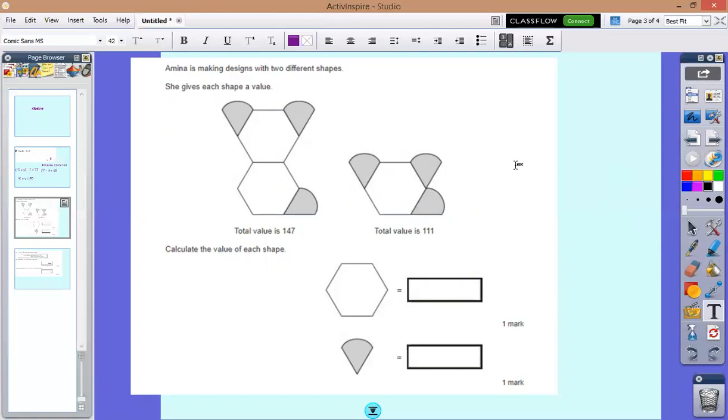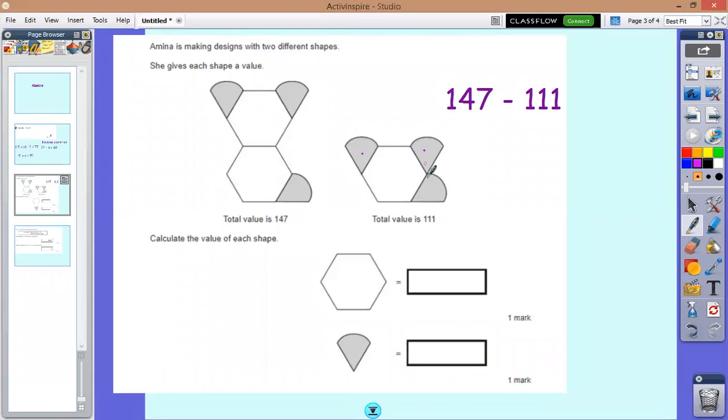Now in order to solve this, I can take away the 3 cones and 1 hexagon, which equals 111. So all I'm doing here is 147 take away 111. The reason why is that if you look here, I've got 1, 2, 3 cones and 1 hexagon. The same shapes here, and that would all equal 111.